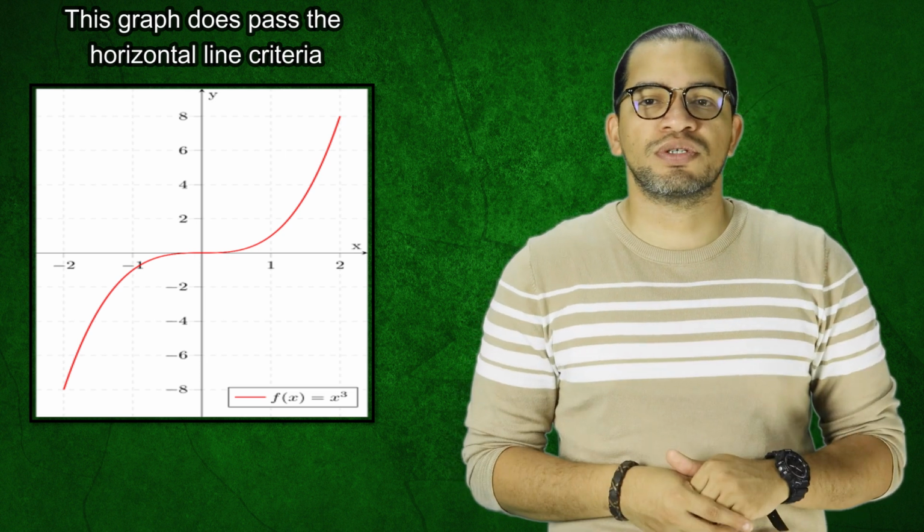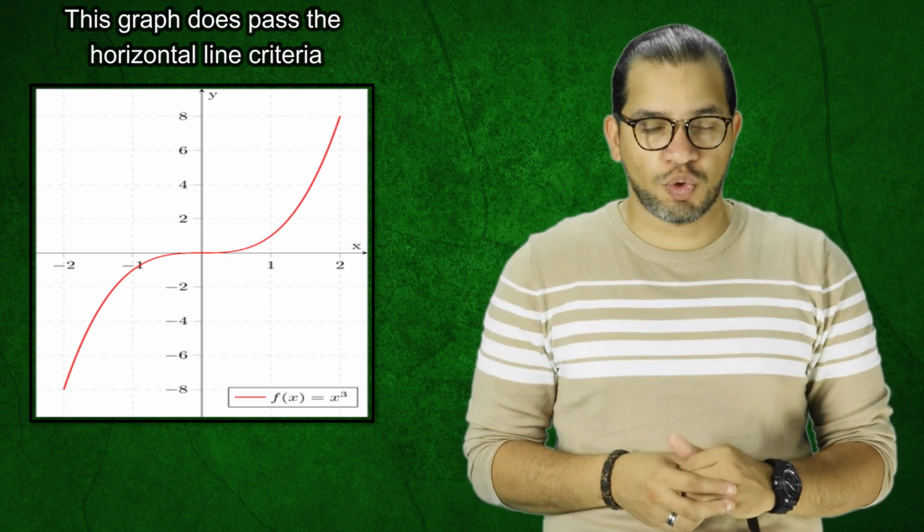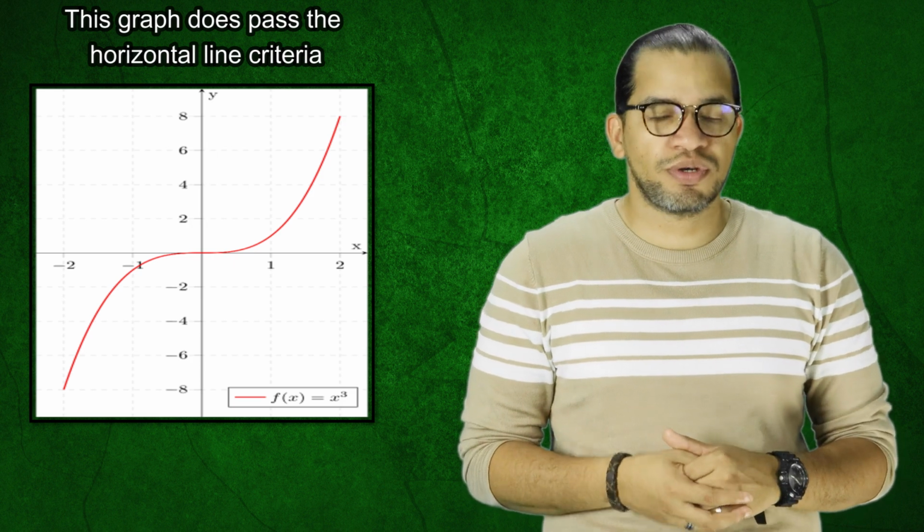So this function has an inverse, which is actually the third root of x. Finally, we are going to introduce 3 concepts that allow us to determine if a function has an inverse or not in an analytical way. Those concepts are the concepts of injection, surjection, and bijection.